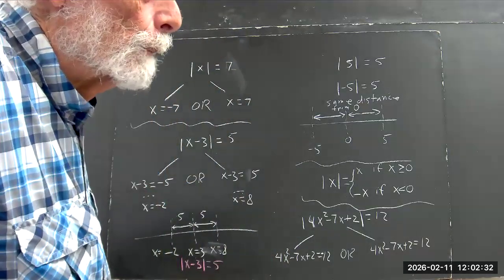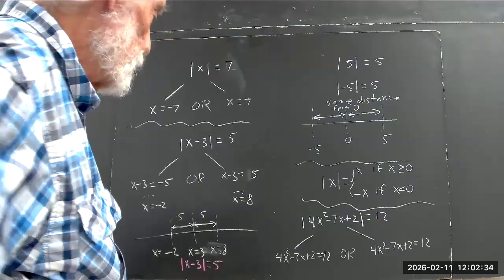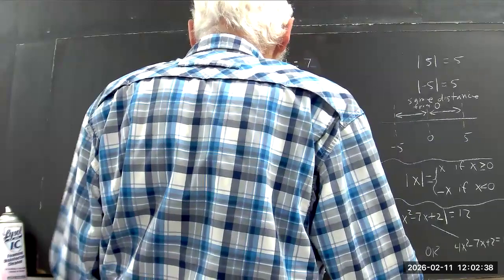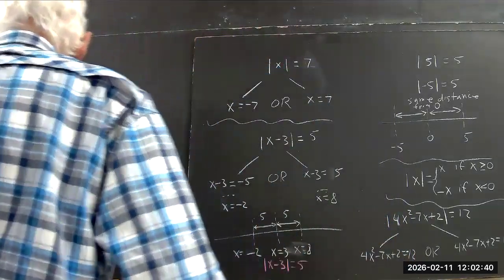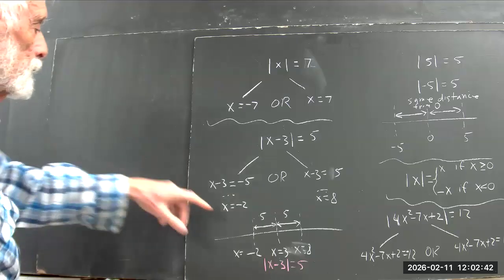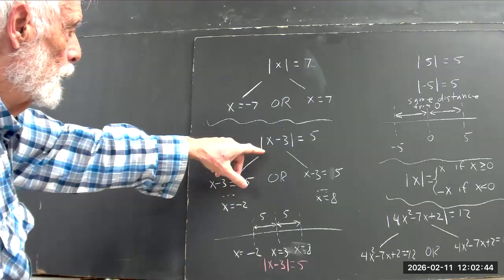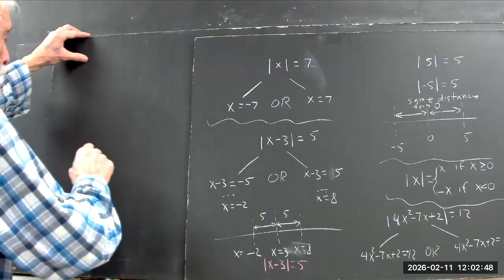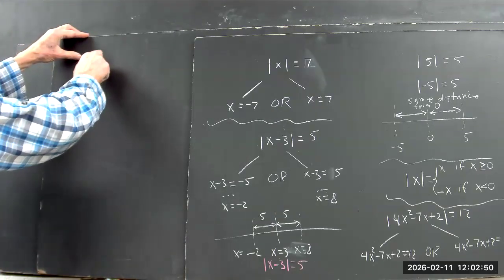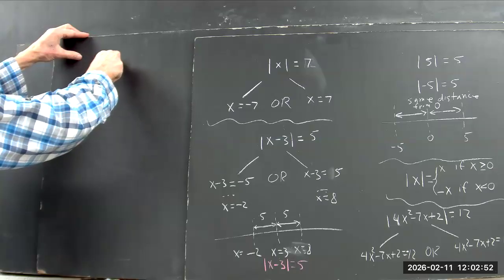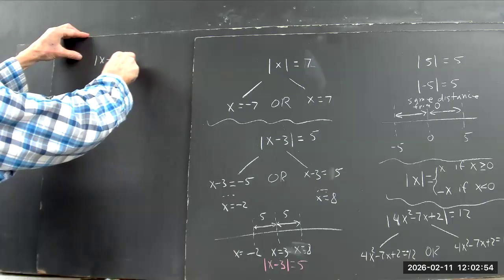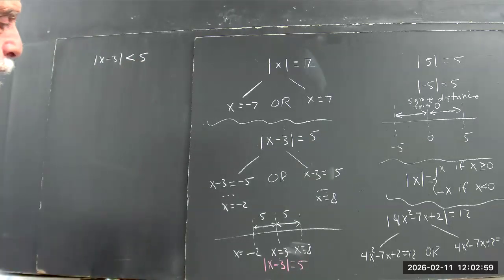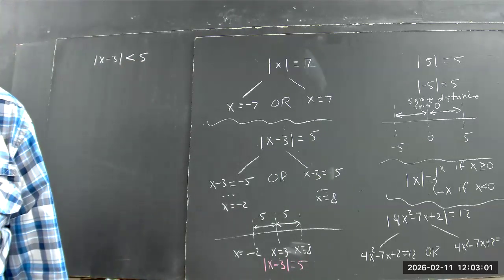Now, there are absolute value inequalities. So let's take this equation, the absolute value of x minus 3 equals 5, again, but now I'm going to make it into an inequality. The absolute value of x minus 3 is less than 5.